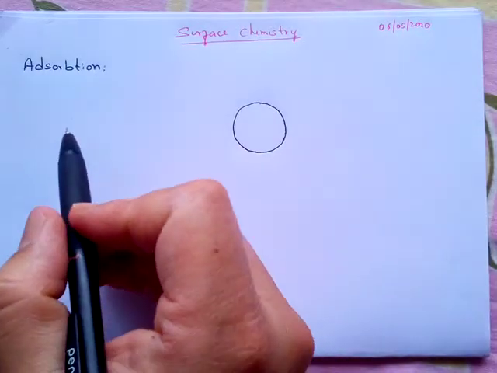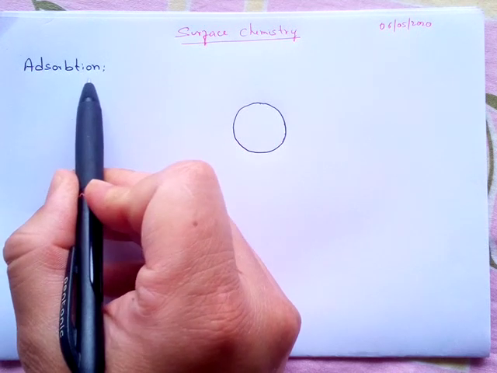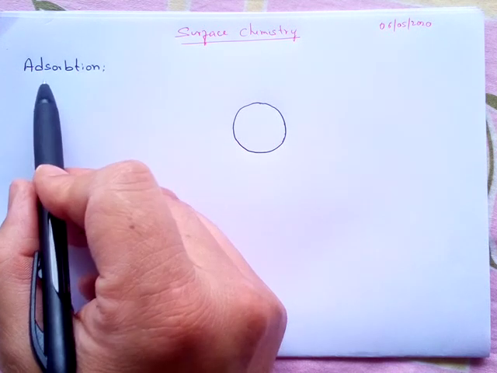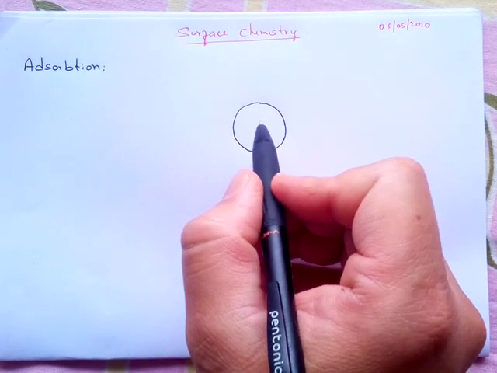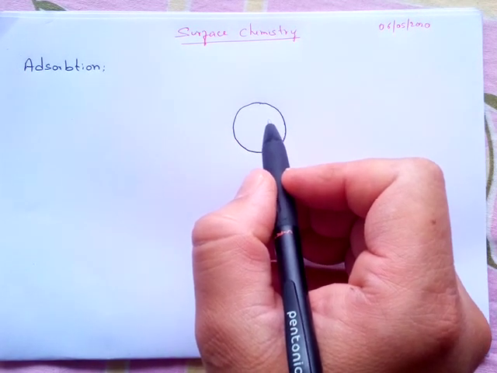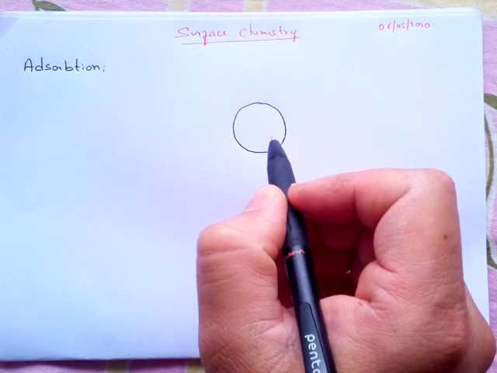So here we basically talk about the term adsorption. Okay, so what is adsorption? The accumulation of molecular species at the surface rather than in the bulk of a solid or liquid is termed as adsorption.